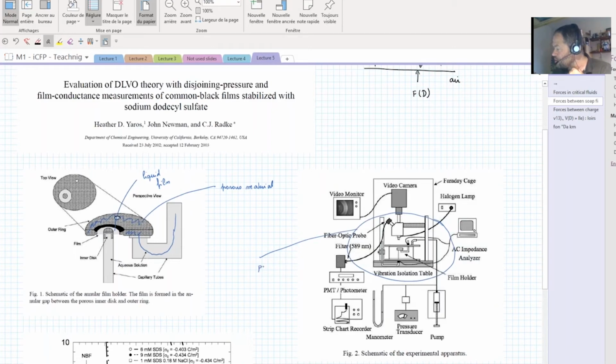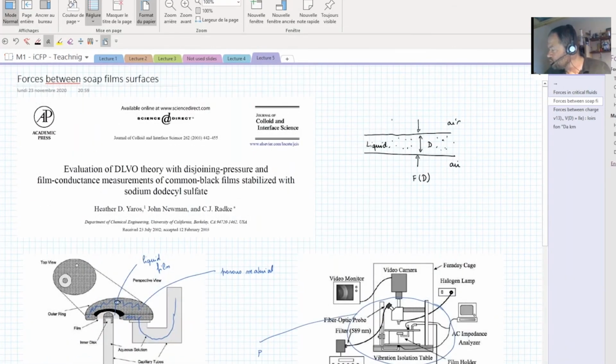So what you do indeed is you control by connecting these to a reservoir and by controlling the air pressure. You are really able to measure the force applied on this liquid film.